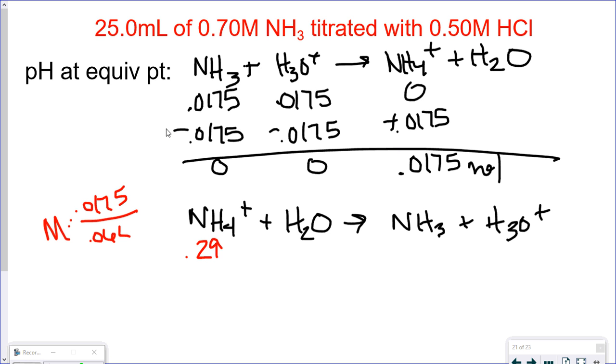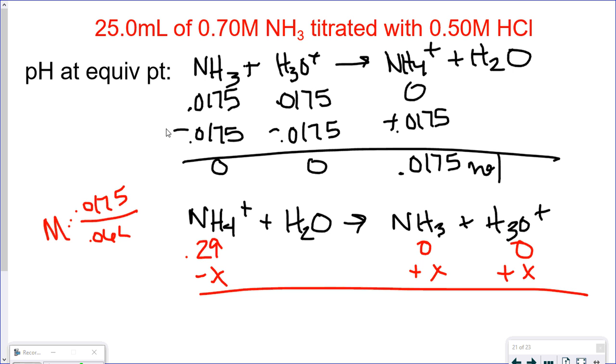And since we had neutralized all of our original base, there's none here. So we're going to be subtracting from our reactant side, adding on our product side. So then we will end up with 0.29 minus x, x, and x. Now note that we are dealing with ammonium.